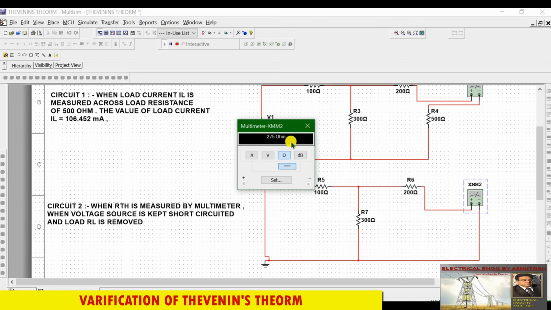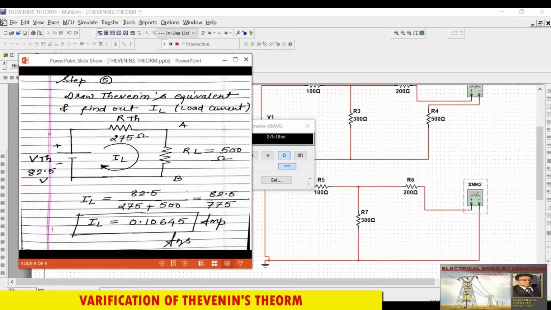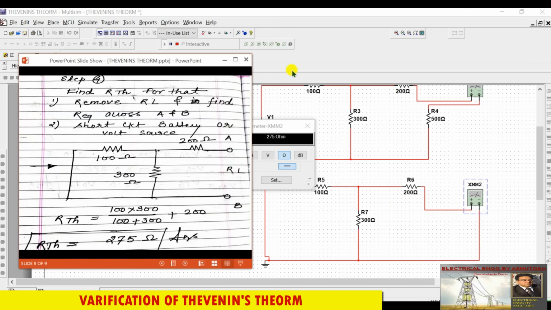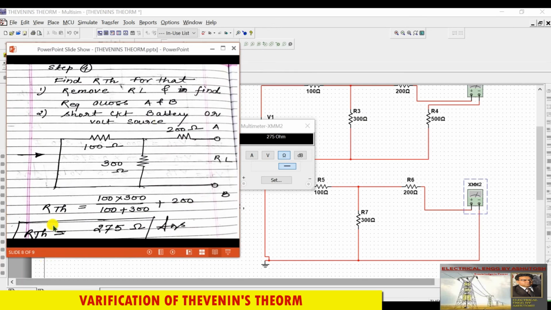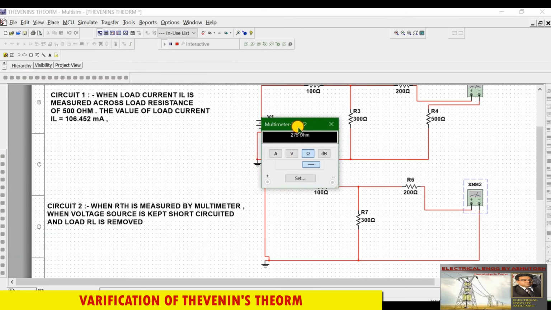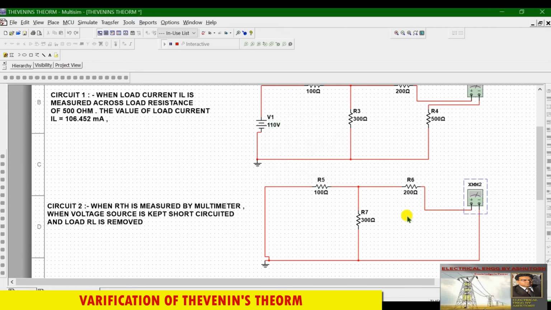You can see here 275 ohm. This is our RTH, and you can also see in our presentation the value of RTH is 275 ohm. So both are verified, both are correct. It is also giving us reading 275 ohm, so it is also correct.